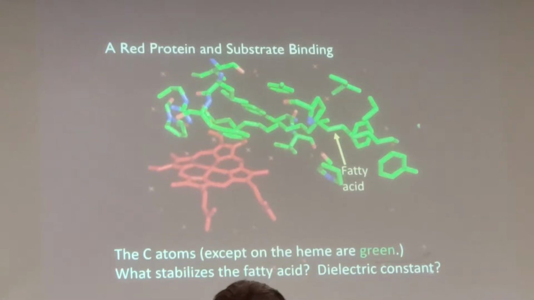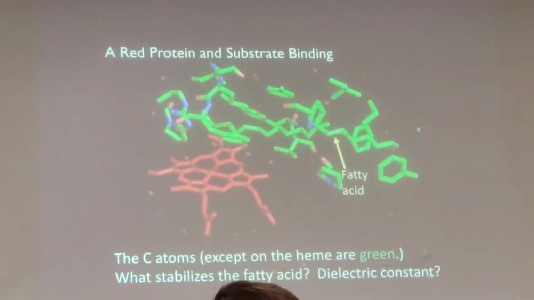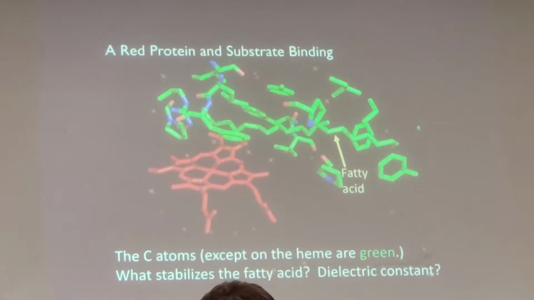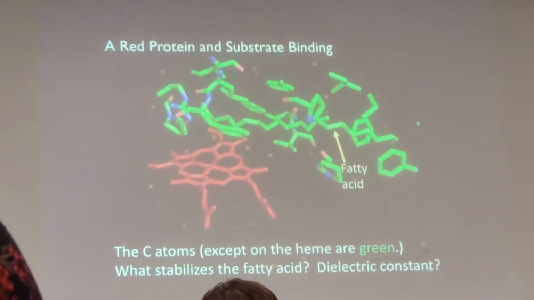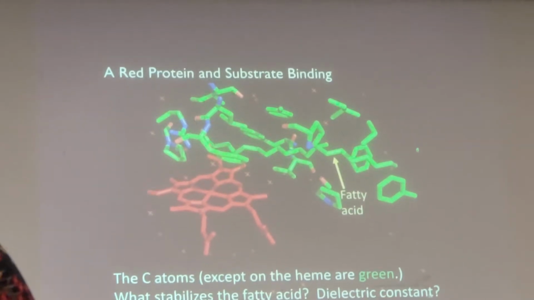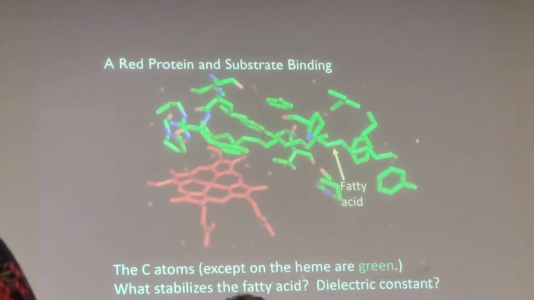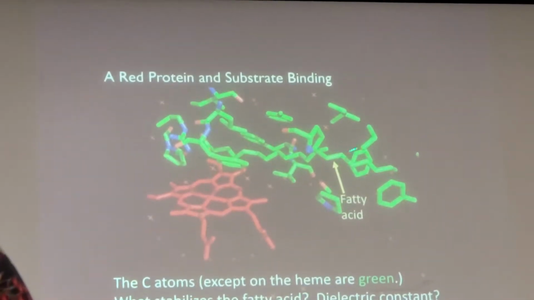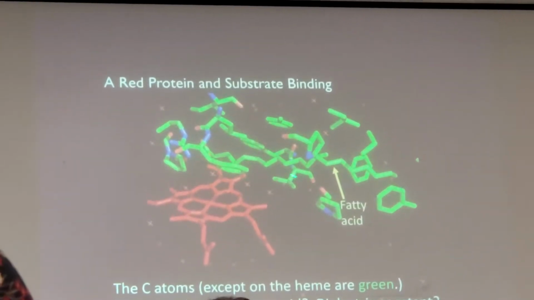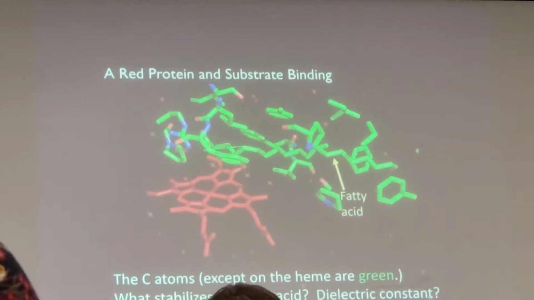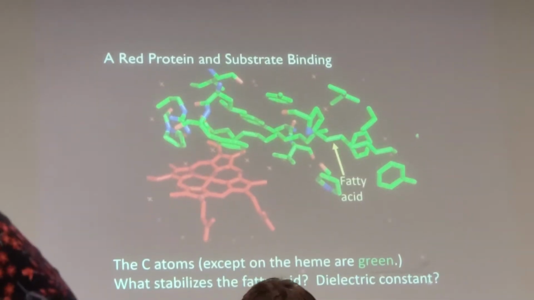Big fatty acid, big carbon chain. It should be pretty non-polar, right? All right, so if I look around, what amino acids do you see? What's this guy? Phenylalanine. What's this guy? Also looks like a phenylalanine. So you look around here, and it's really non-polar. That makes a lot of intuitive sense.